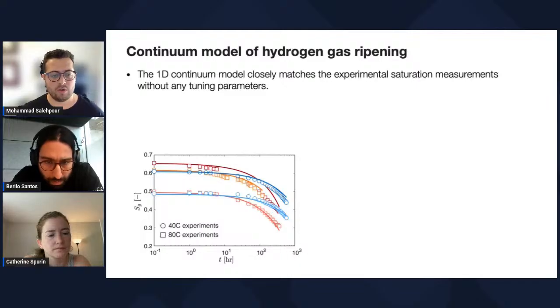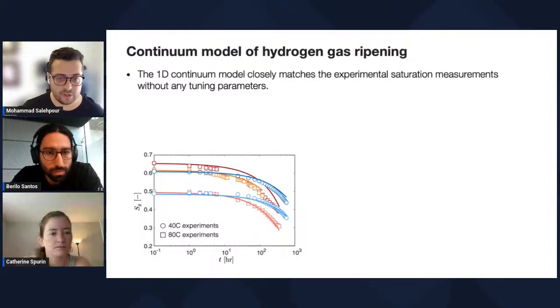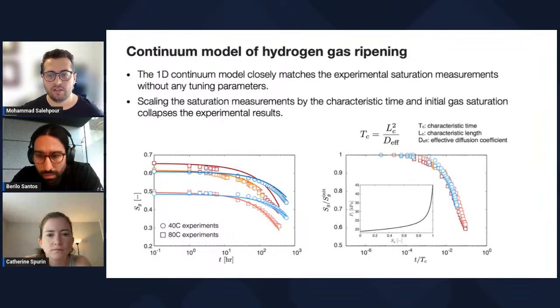And using this model for our experimental conditions, we can see that the model predicts the experimental observation really well without any tuning parameters. And using the characteristic time and normalizing the X and Y axes, we can see that all the experimental results collapse, which is a great sign.